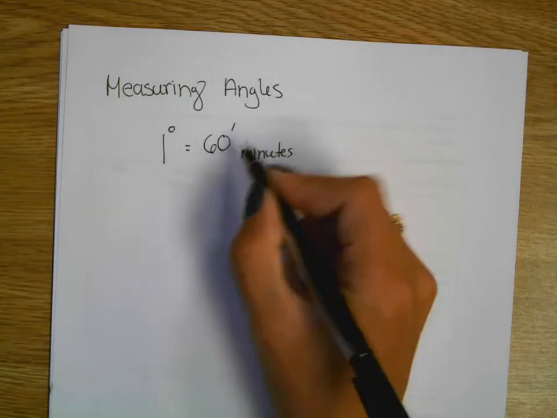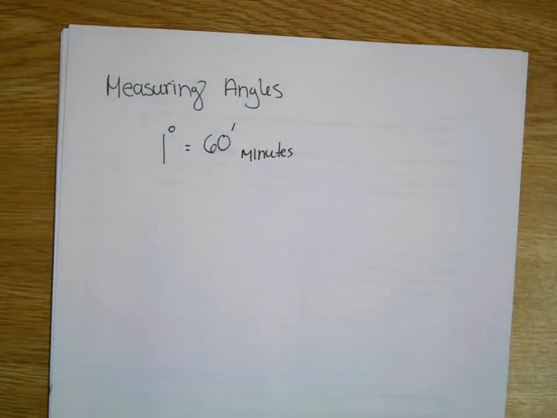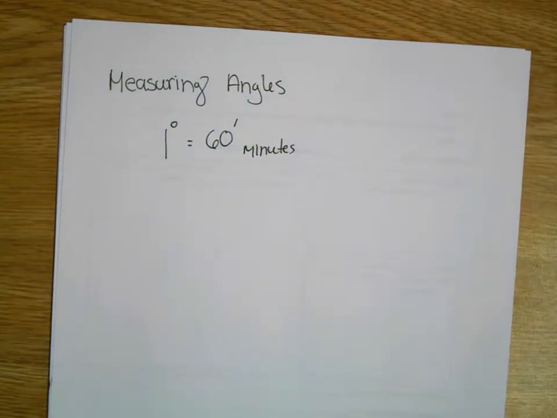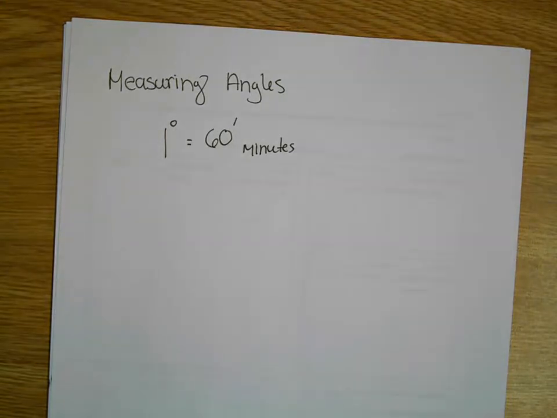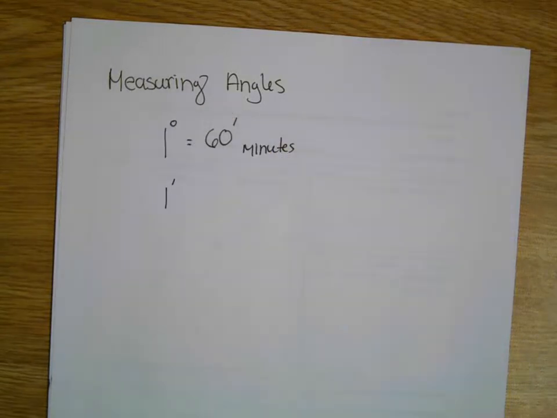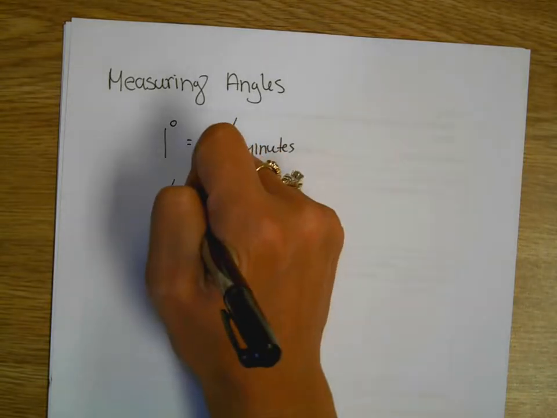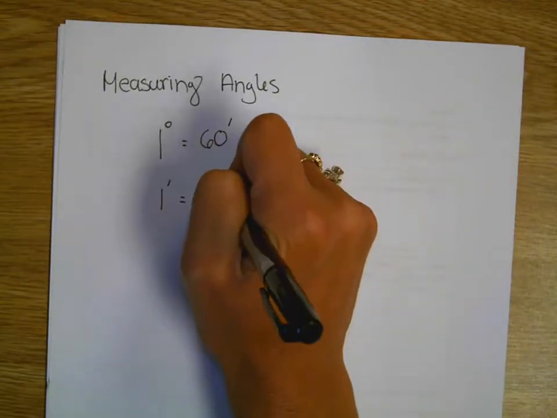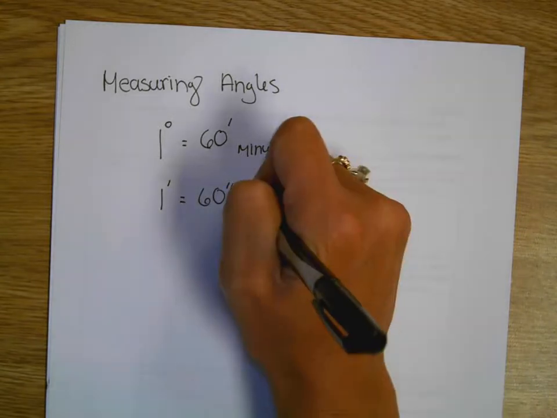That little hash mark there is the symbol for minute. Then they said, we want to be even more accurate, because once you start making angles really big, out to the moon and out to the sun, it gets quite wide at the end. So then they took 1 minute. Imagine how small 1 minute is. They said, we're going to break that up into 60 equal parts. What do you think they called those? Seconds. So 1 minute got broken up into 60 seconds.